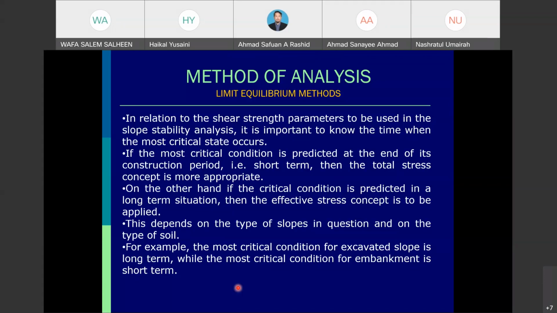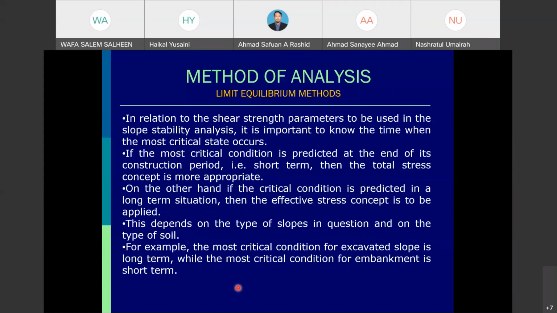On the other hand, if the critical condition is predicted in the long-term situation, then the effective stress concept is to be applied. This depends on the type of the slope in question and on the type of soil.